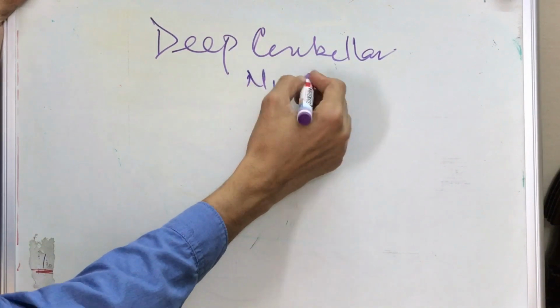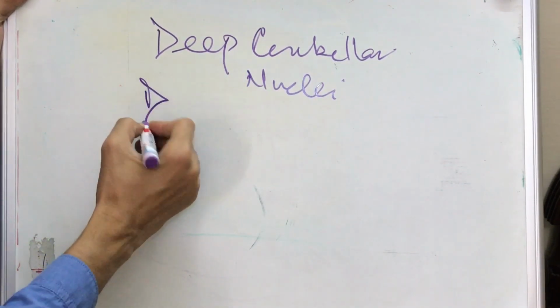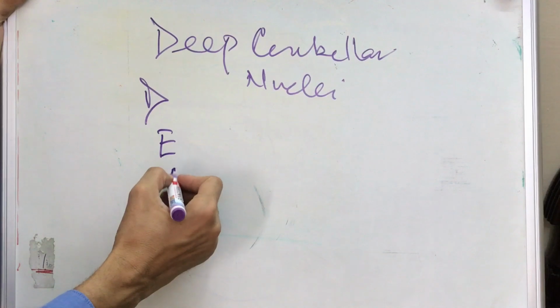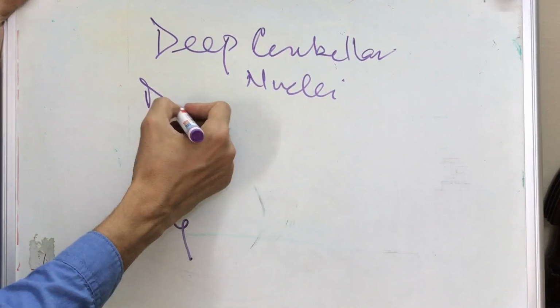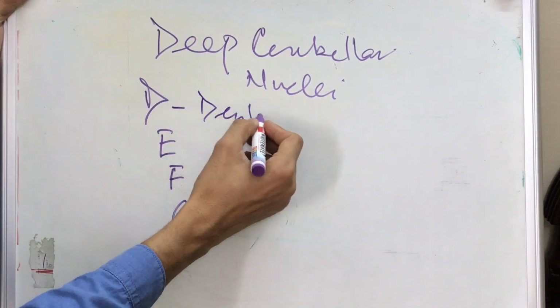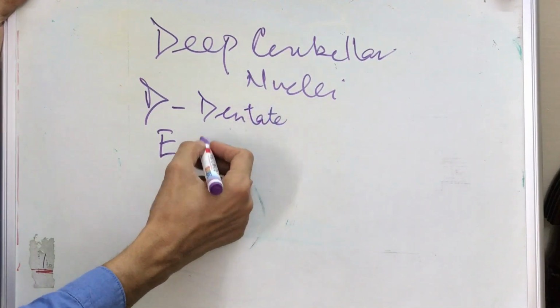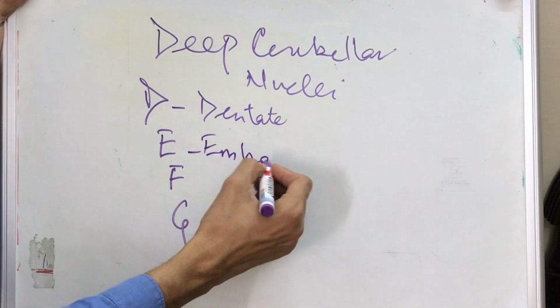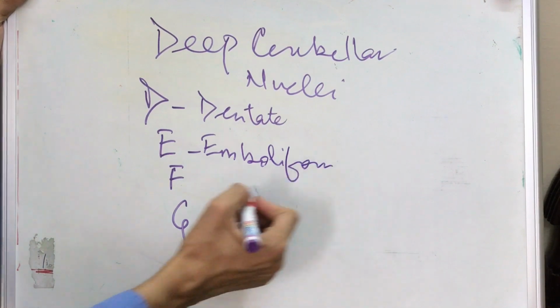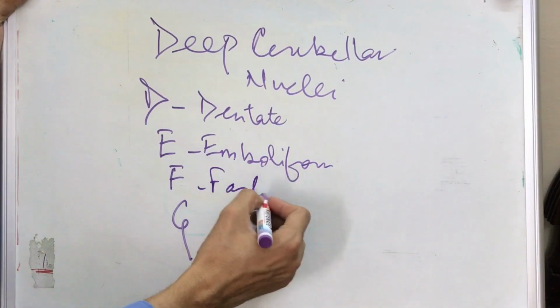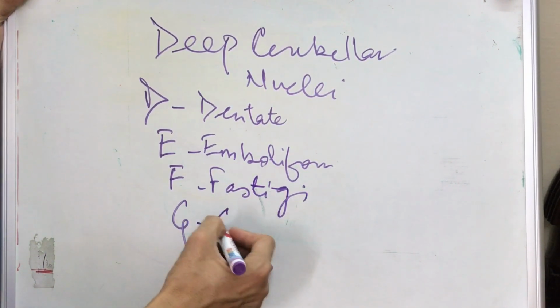These deep cerebellar nuclei have been named DEFG. D for dentate nucleus, E for emboliform, F for fastigial, and G for globose.